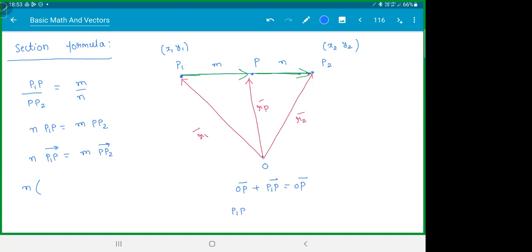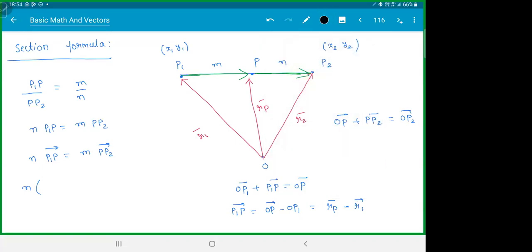So P1P bar will be OP bar minus OP1 bar, which is nothing but RP bar minus R1 bar. Similarly, OP bar plus PP2 bar will be OP2 bar. Please take this again, what I'm saying.